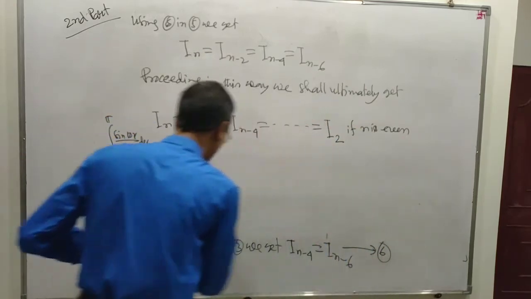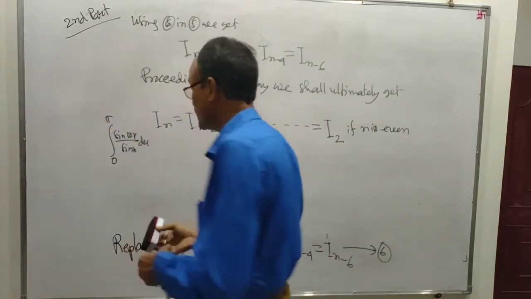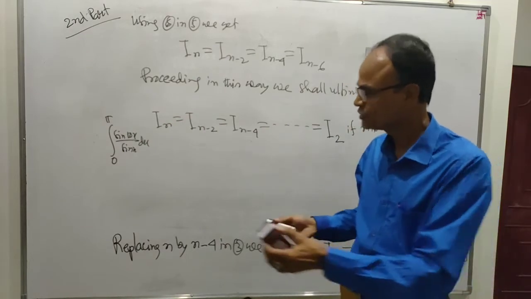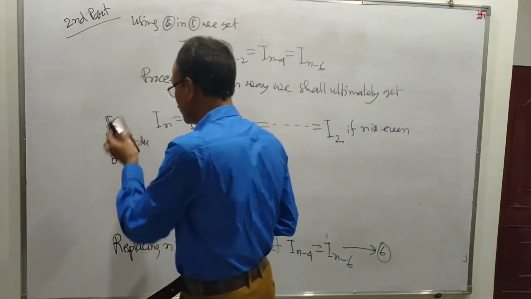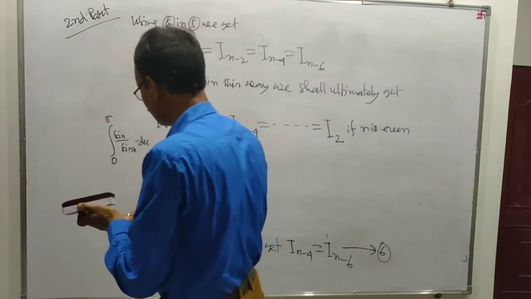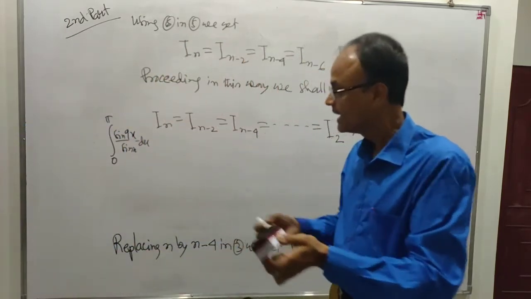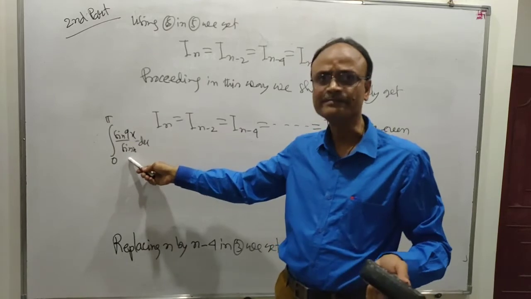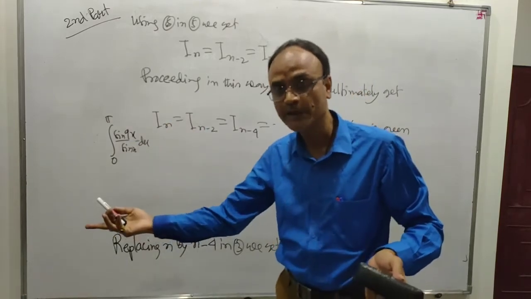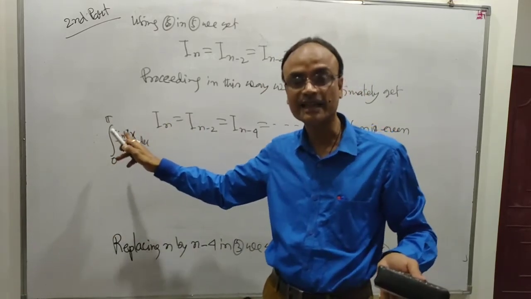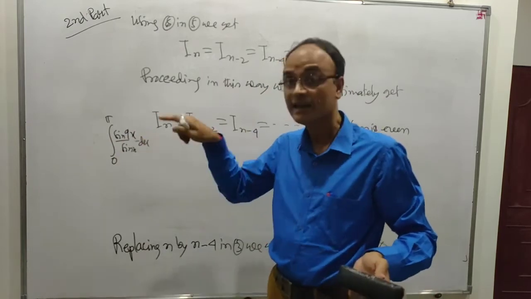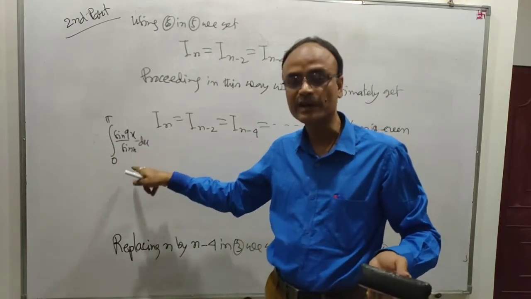Now, if it is odd, suppose it is 9x. It is I_9. This will be equal to I_7, sin 7x divided by sin x.